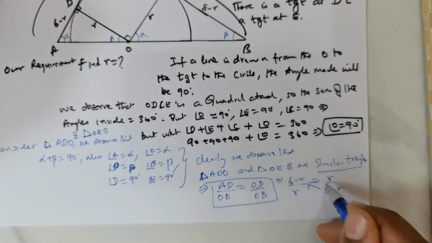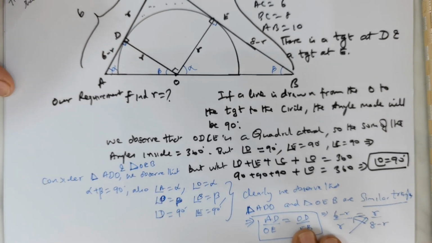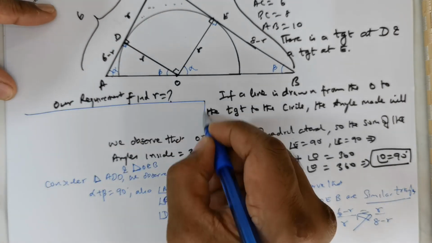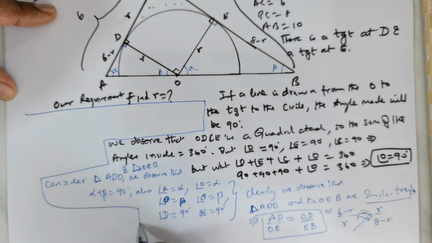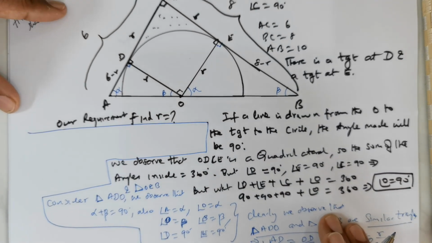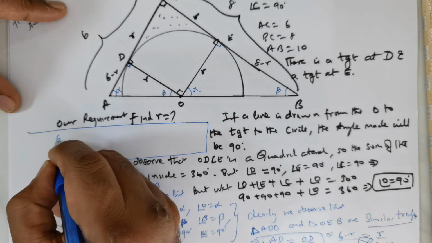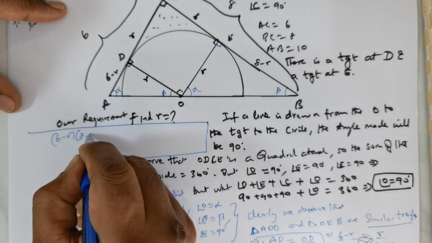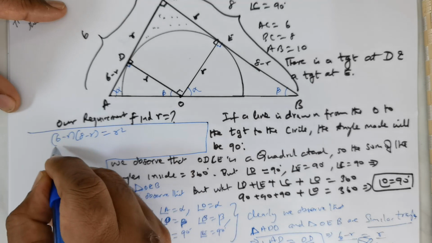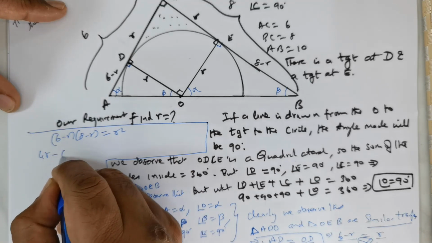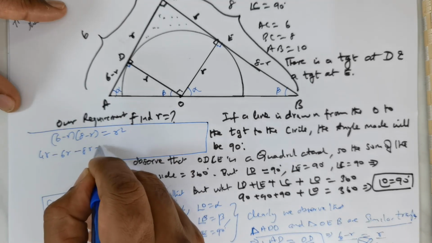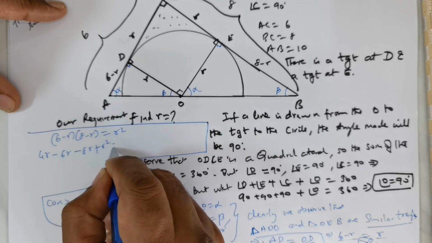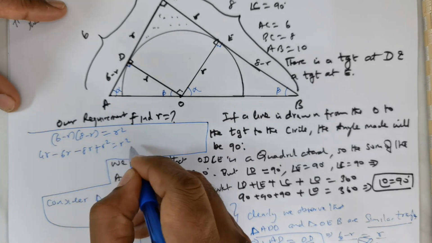So I cross multiply. So 6 minus R times 8 minus R is equal to R squared. 48 minus 6R minus 8R plus R squared is equal to R squared.